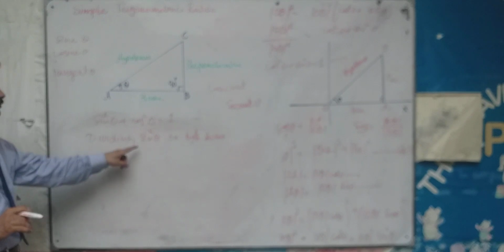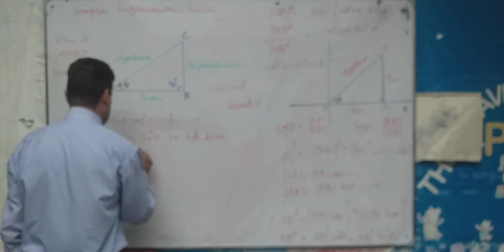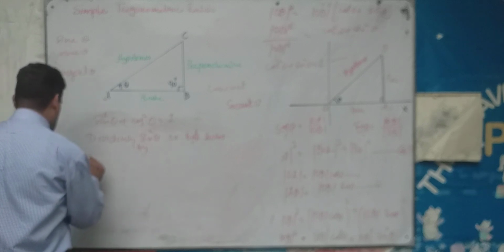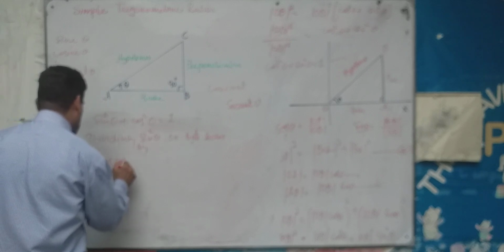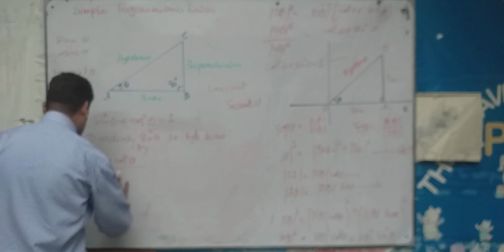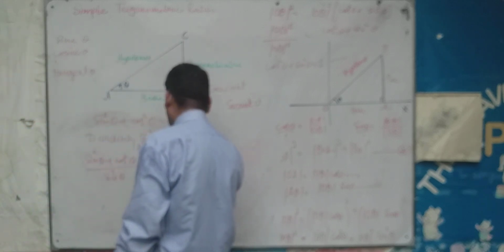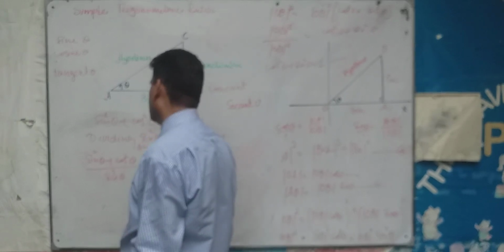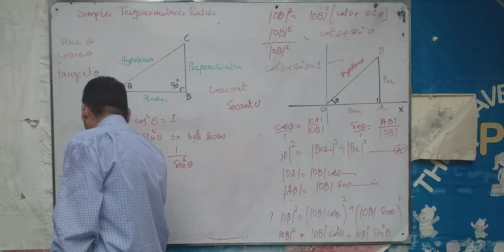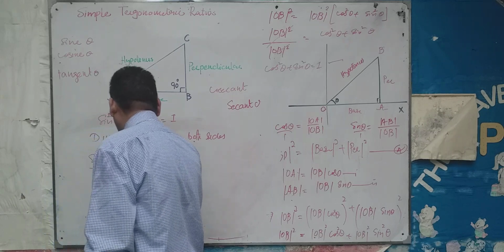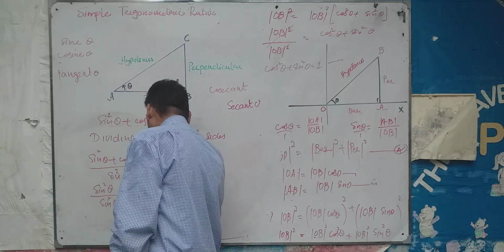Dividing by sin squared theta on both sides, we get sin squared theta plus cos squared theta divided by sin squared theta is equal to 1 by sin squared theta. We write sin squared theta by sin squared theta plus cos squared theta by sin squared theta.